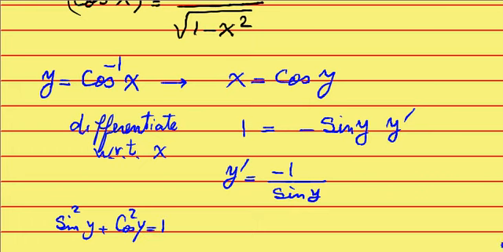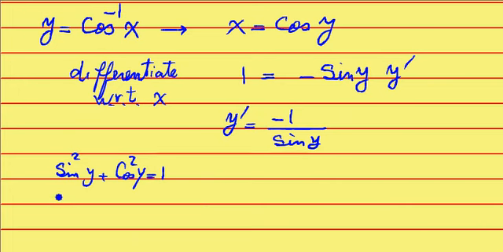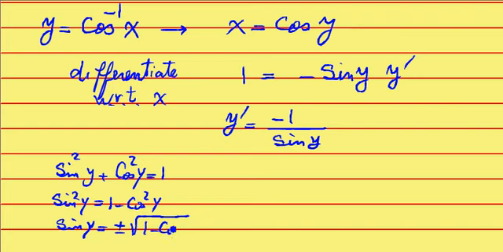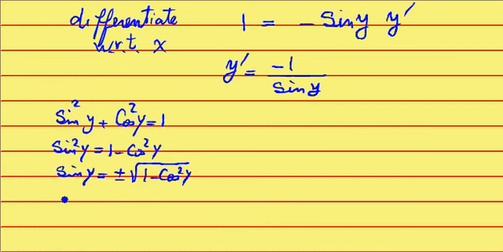Therefore, sine squared of y is equal to 1 minus cosine squared of y, and therefore sine of y is either plus or minus the square root of 1 minus cosine squared of y. Now cosine of y itself is x, so sine of y that I need in this formula is either plus or minus the square root of 1 minus x squared.